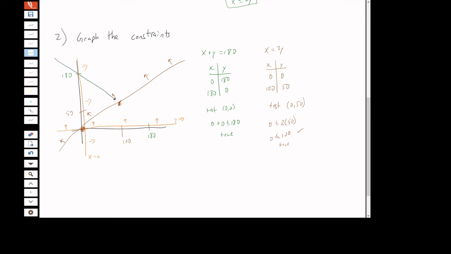I'll connect these two points with a line, and I want to shade the side that contains 0, 0. Okay, so then our feasible region is going to be the region that is inside all of these. So that's this triangle in here.